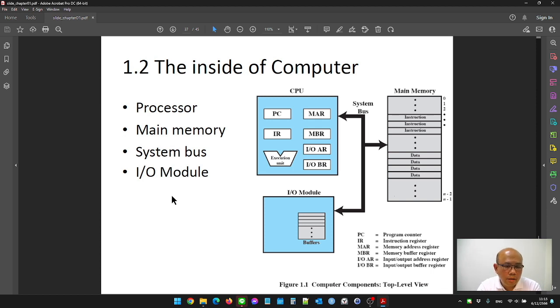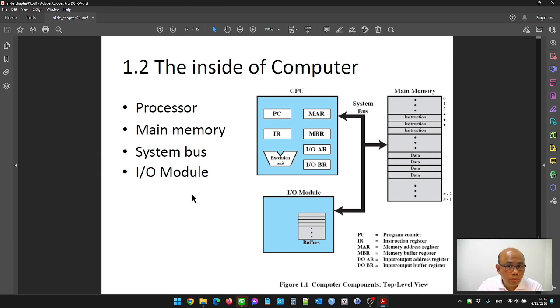Inside the computer there are 4 parts. That is the first part. This is the processor. We know the processor is the CPU, and the second part is the memory. And the third is the I/O module.